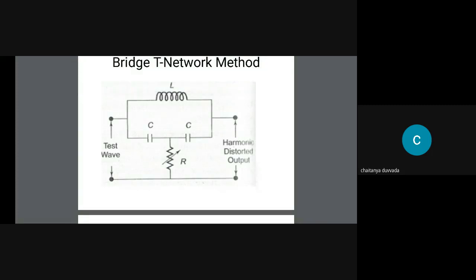We apply some waveform that is taken as the test wave, and it is given to the Bridge-T network. The input or test waveform has some fundamental frequencies, so based on these fundamental frequencies, the LC circuit is tuned, and also R is bypassed based on those frequencies.